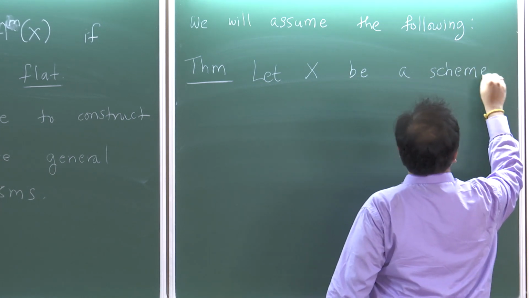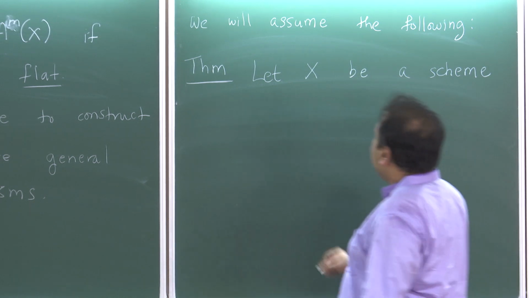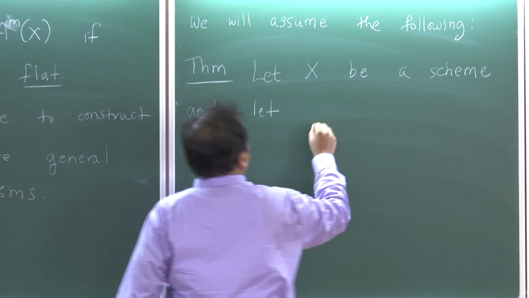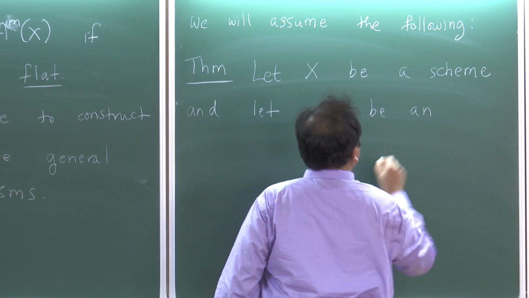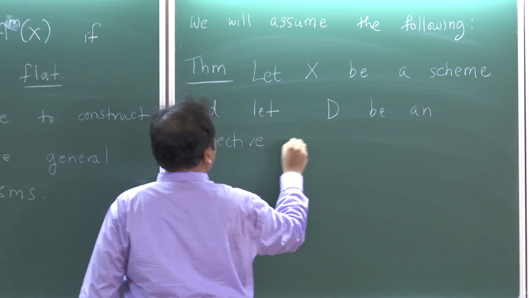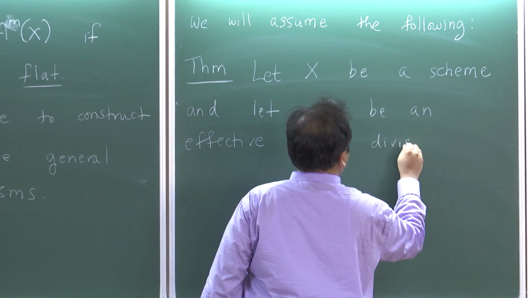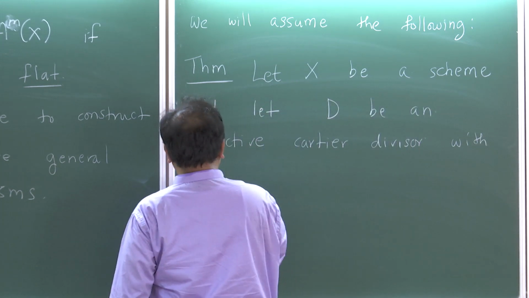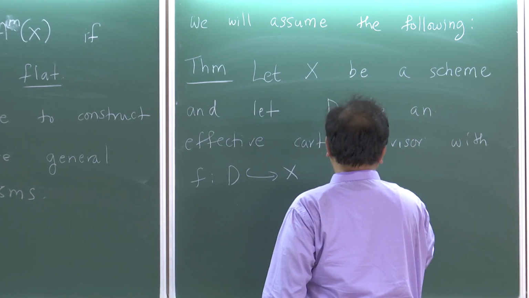When I say scheme, I mean algebraic schemes over some fixed field, and let D be an effective Cartier divisor with f from D to X being the embedding.